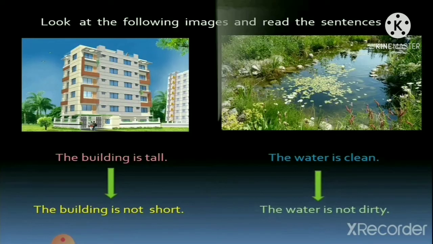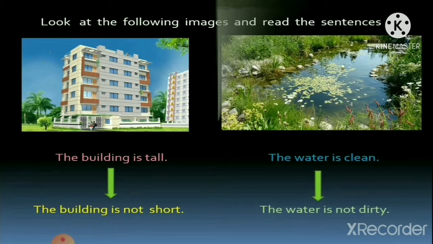My dear students, look at the following images and read the sentences. Here in the first sentence, we see the building is tall. This is an affirmative sentence. And the negative is the building is not short. We see their structure is different but the meaning is the same.